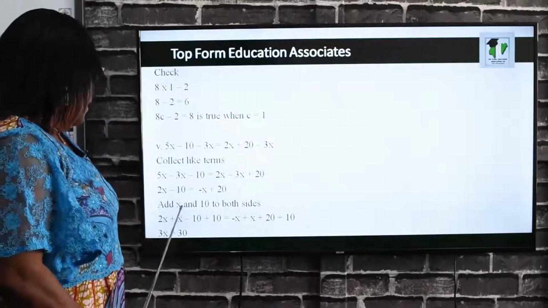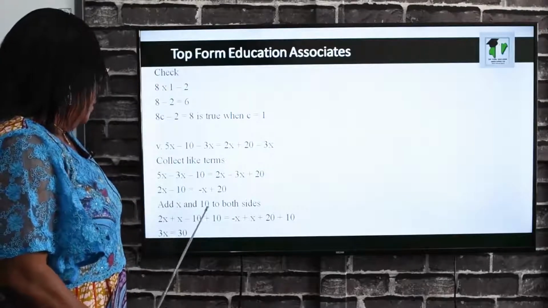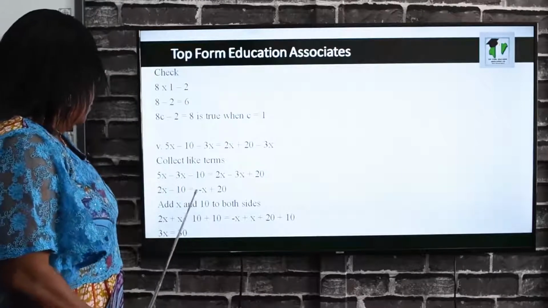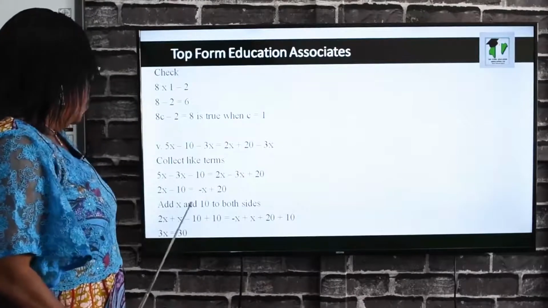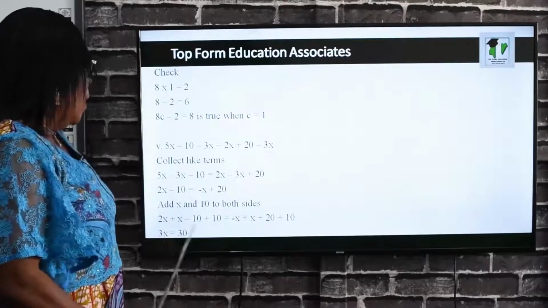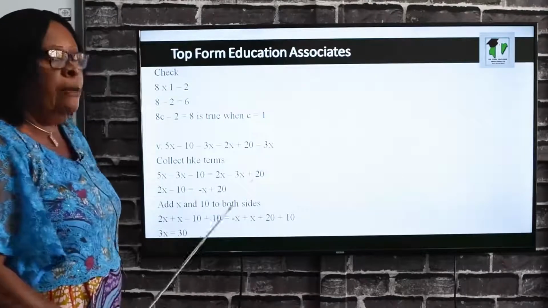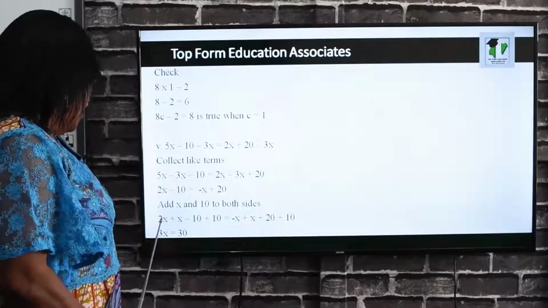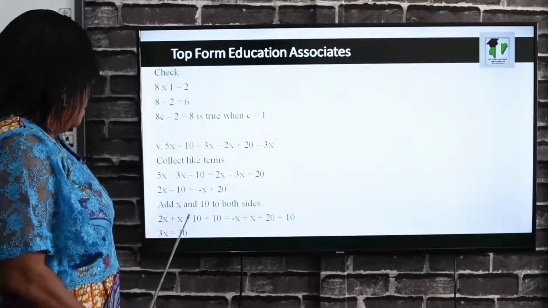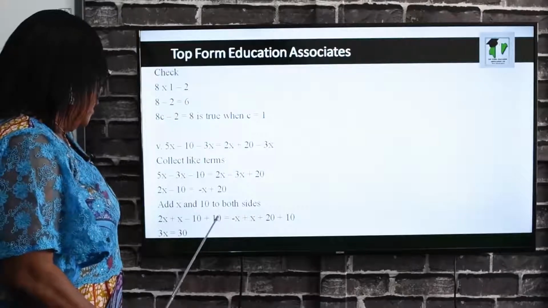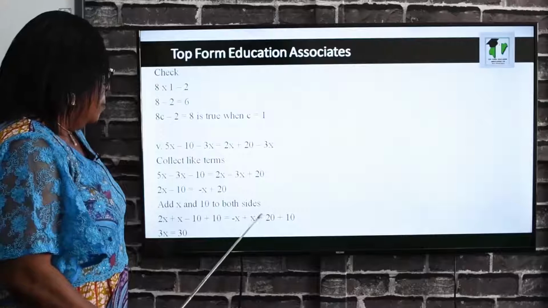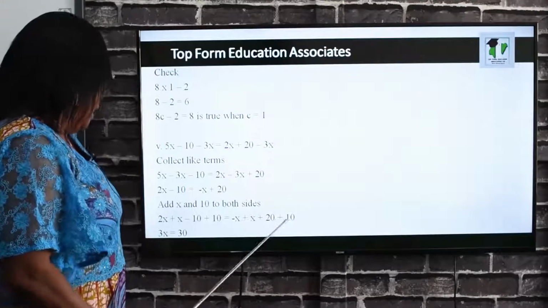We are adding x and 10 to both sides. Still, we are collecting like terms, but using the balance method. So we have 2x plus x minus 10 plus 10 equals to minus x plus 20 plus 10.